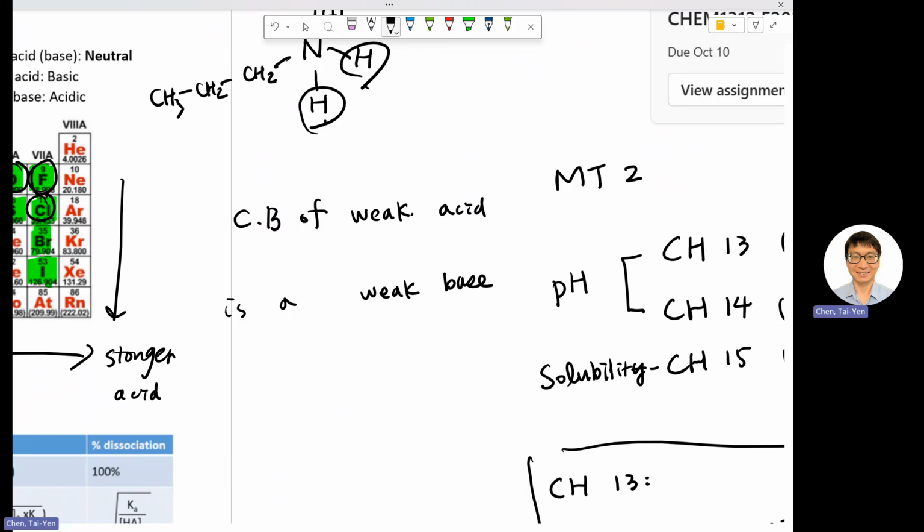This is the first thing you should know, a simple understanding. If you have a conjugate base of a weak acid, it will still be a weak base. But the conjugate base of a weak base is going to give you a stronger weak base.